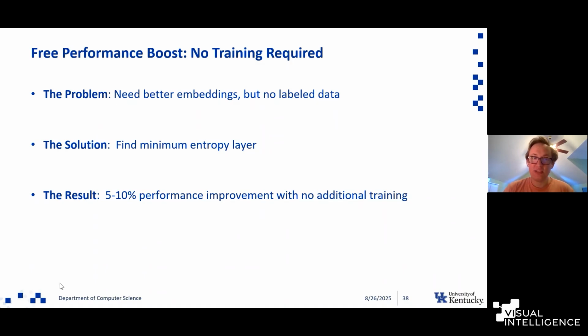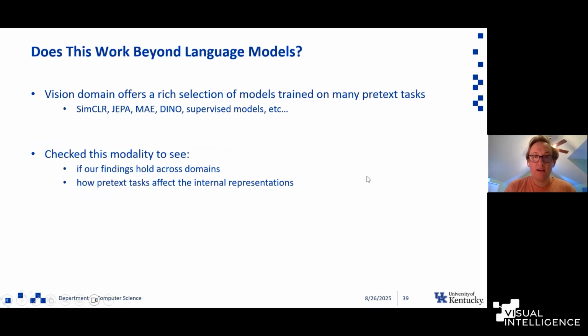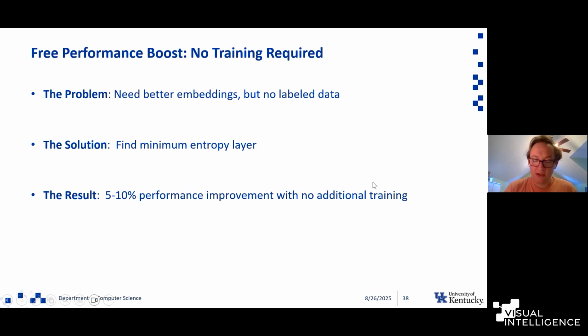If you just do this simple solution, you can find on many tasks a 5 to 10% performance improvement with no additional training. We look at this more rigorously in the paper as well, but we observe this not only in embedding tasks, but also in generation tasks, like if you're generating tokens from the intermediate layers. So this is a very general finding.